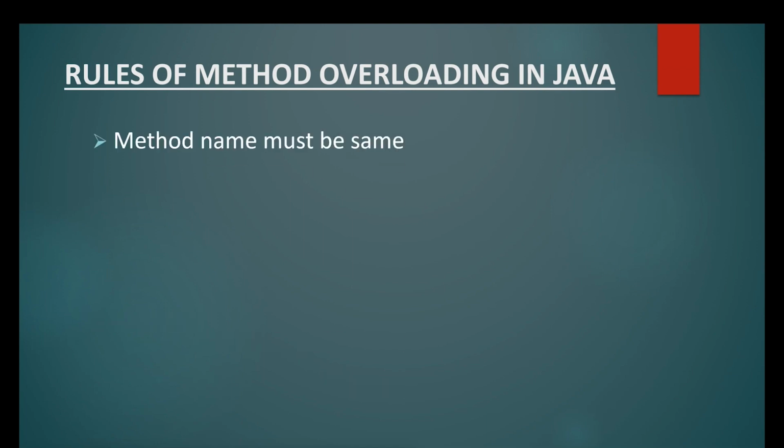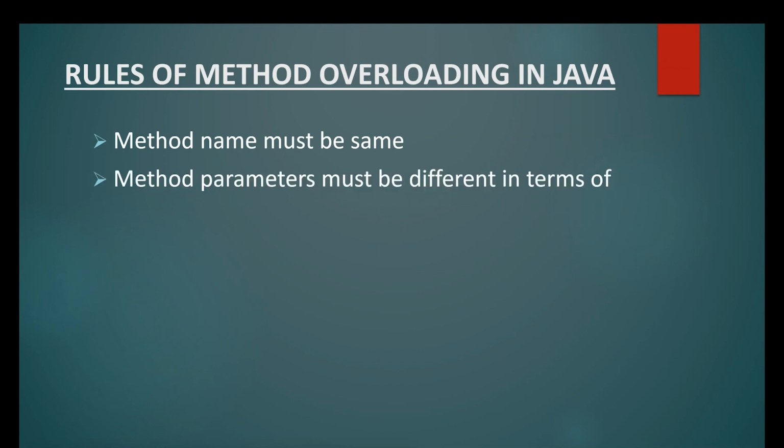The second rule about method overloading is that the method parameters must be different, and they can differ in different ways. First, they can be of different order. Let's say in the first method you have int a and double d as method parameters. In the overloaded method, you can have double d and int a as method parameters.